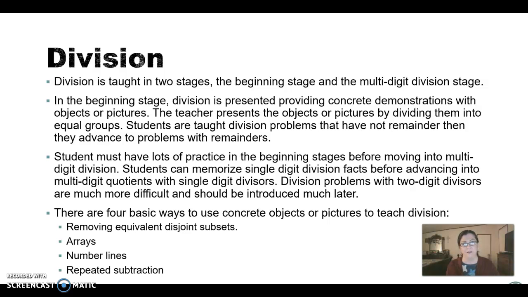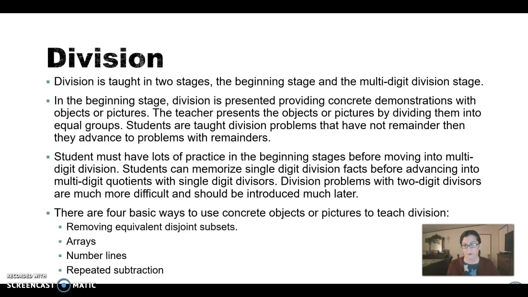Students must have lots of practice in the beginning stages before moving into multi-digit division. Students can memorize single-digit division facts before advancing into multi-digit quotients with single-digit divisors. Division problems with 2-digit divisors are much more difficult and should be introduced much later.